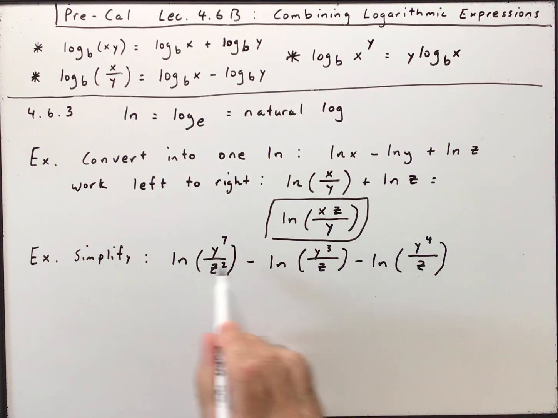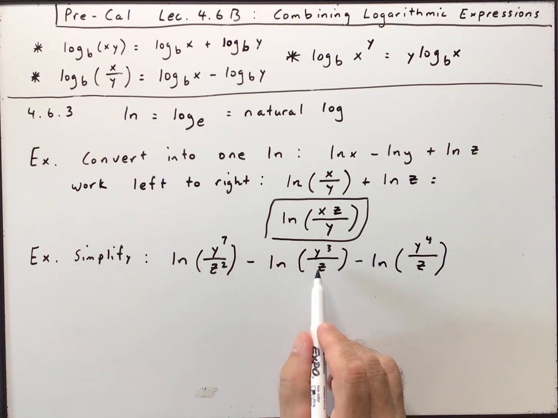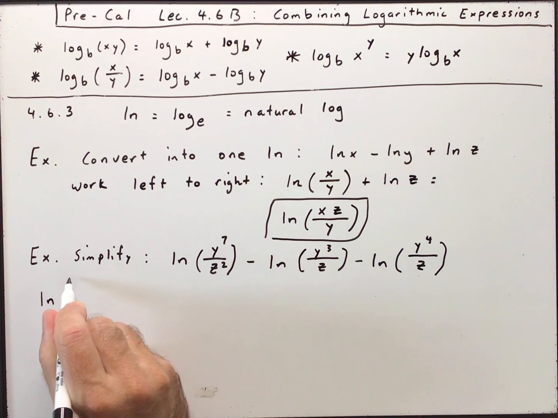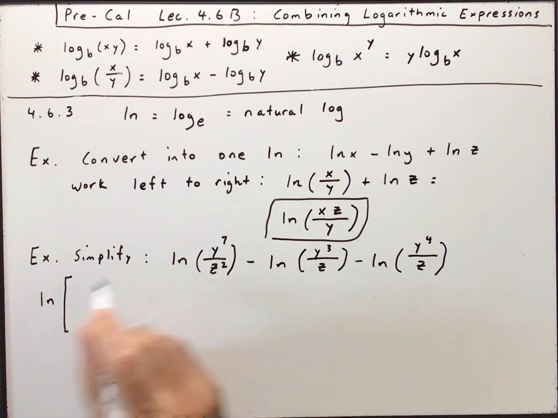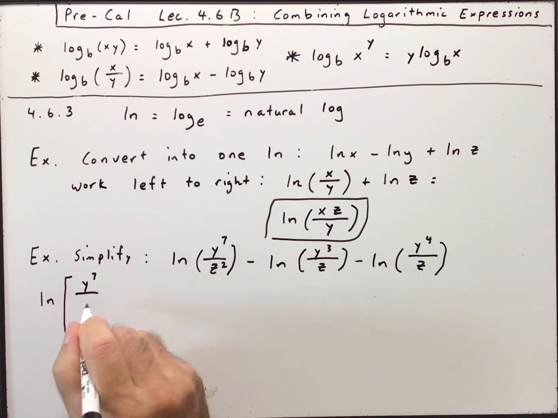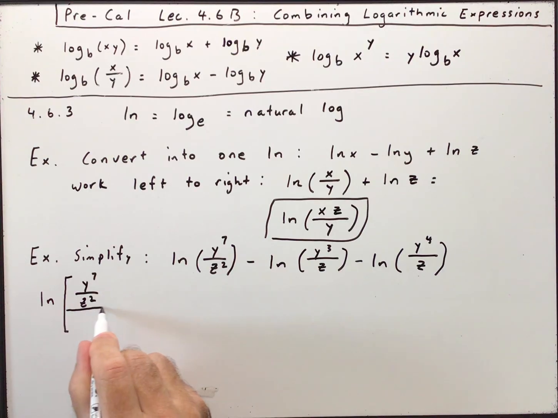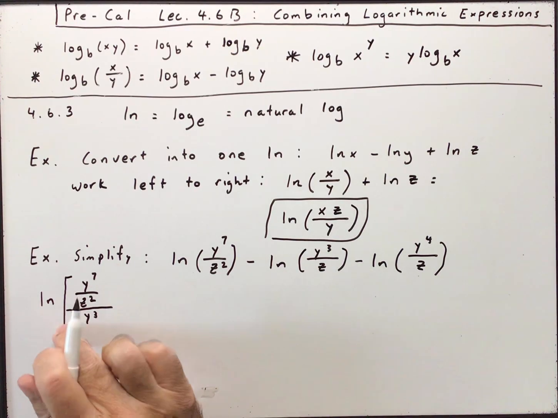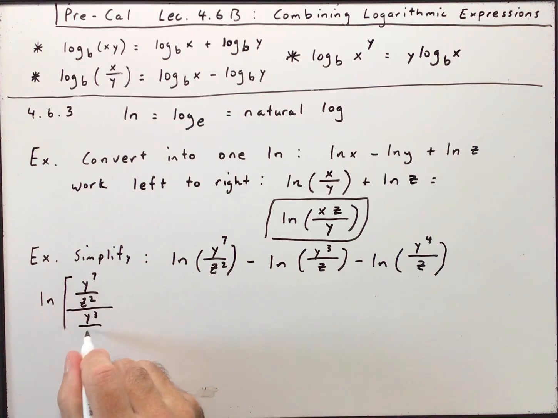So first, let's combine the first and second term. So that's going to be the natural log. I'm going to do a big bracket here. It's y to the 7th over z squared divided by y cubed over z.